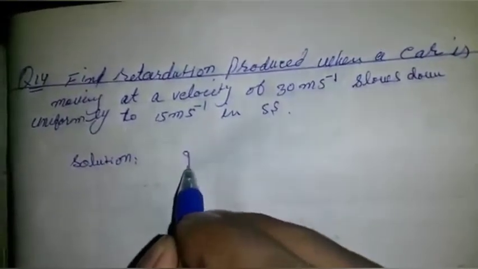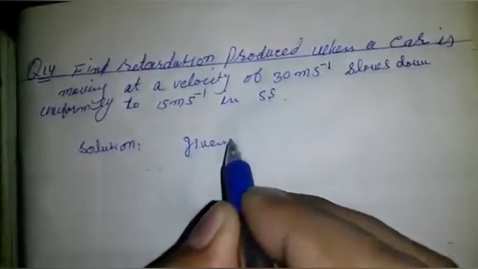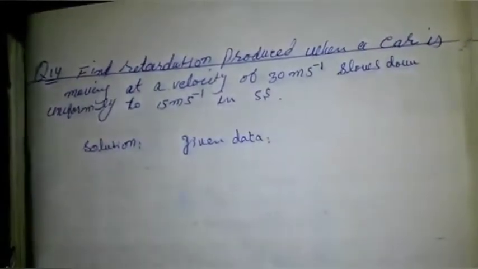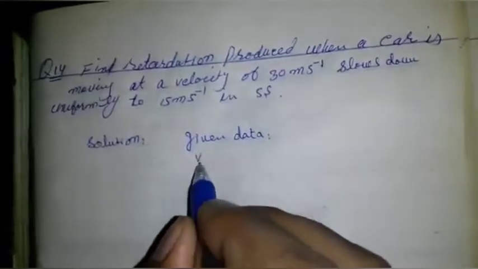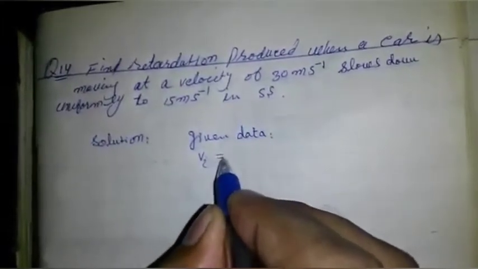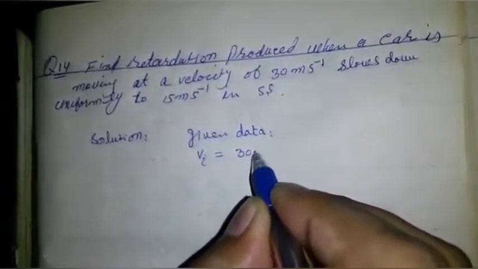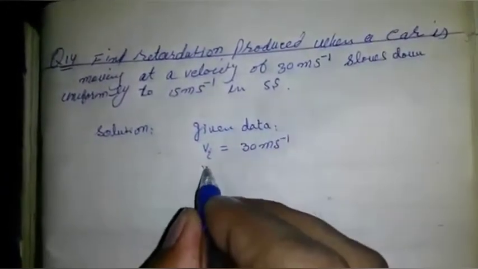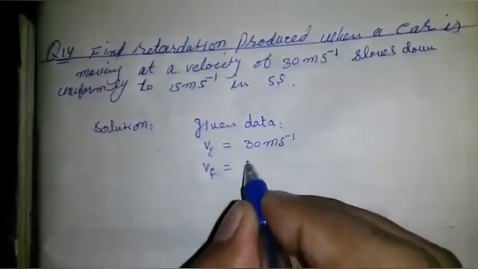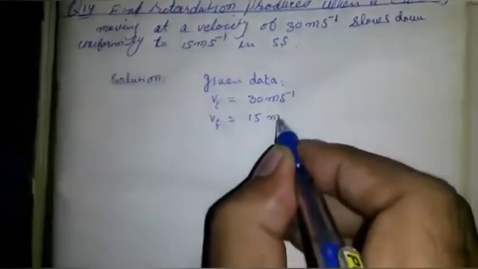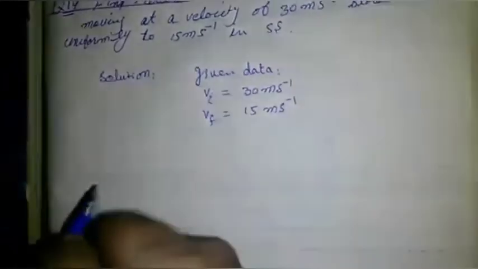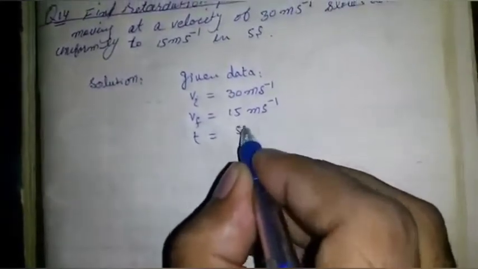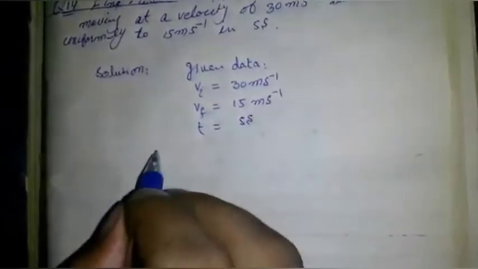First of all, we write the given data. Its initial velocity is 30 meters per second, its final velocity is 15 meters per second, and time t is equal to 5 seconds.